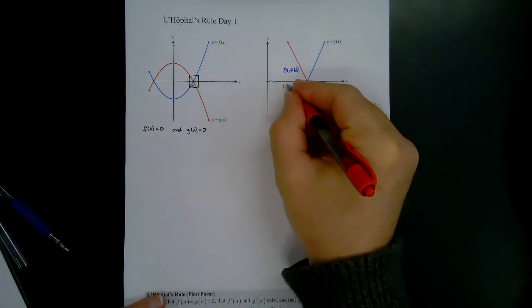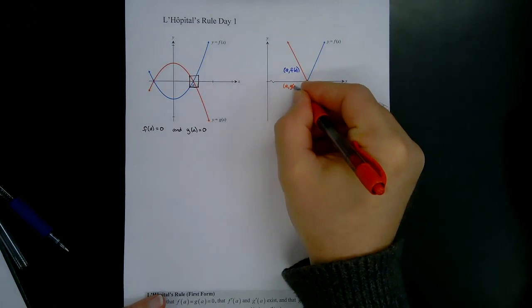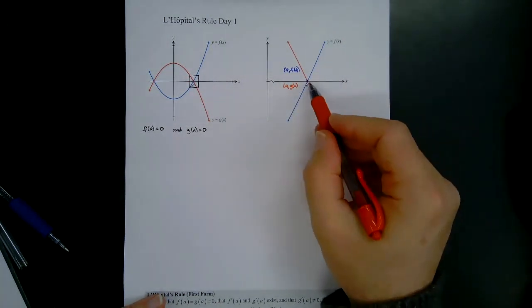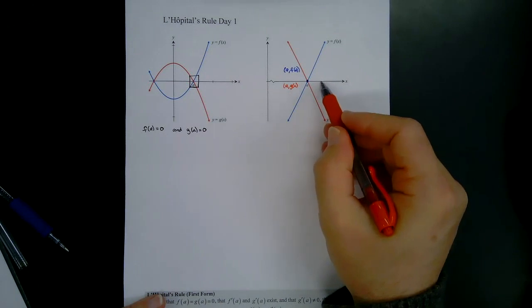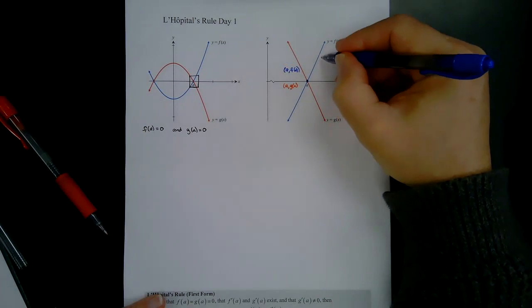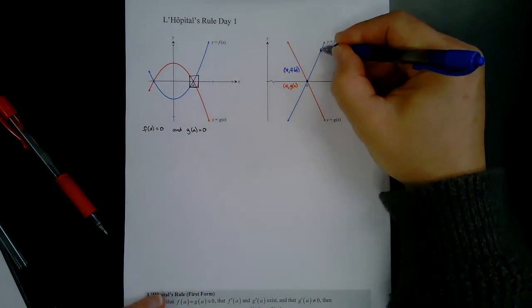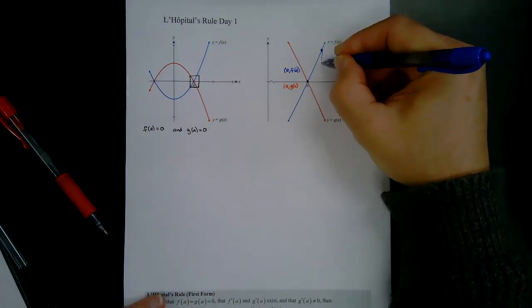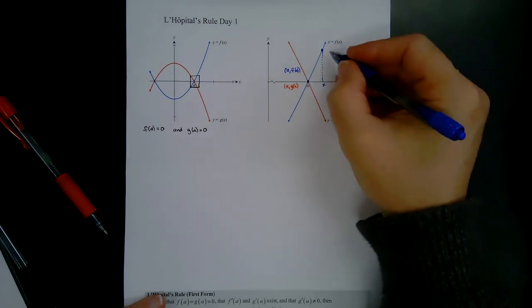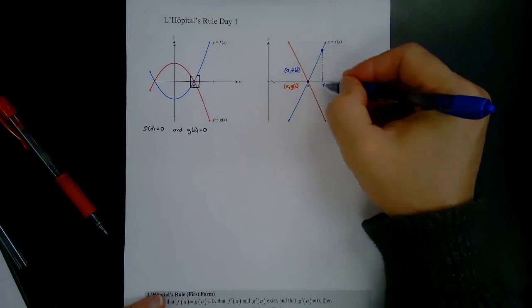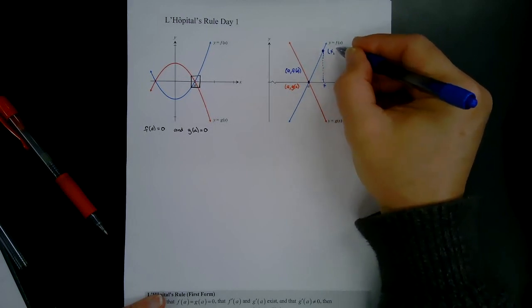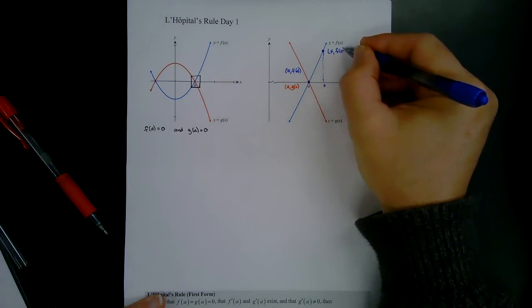Now what we're going to do is go x units to the right of this. We're going to do this one first. So I'm going to put a point right here, and this point is going to have an x value. So the point right here would be x comma f of x.